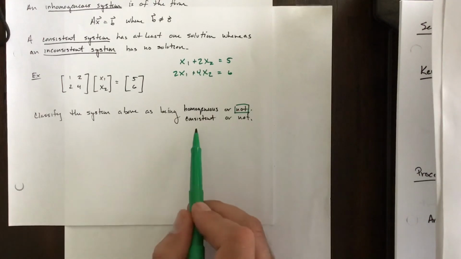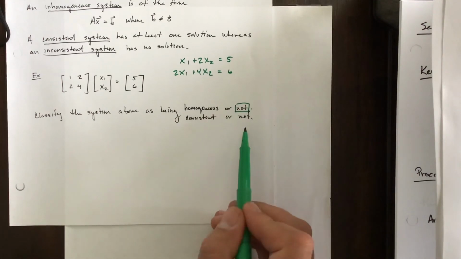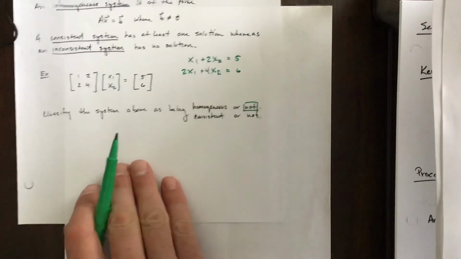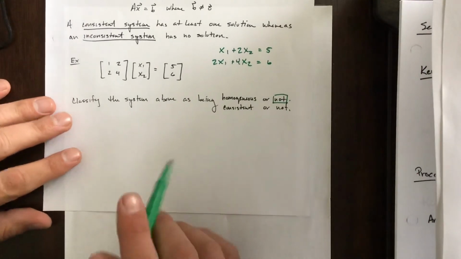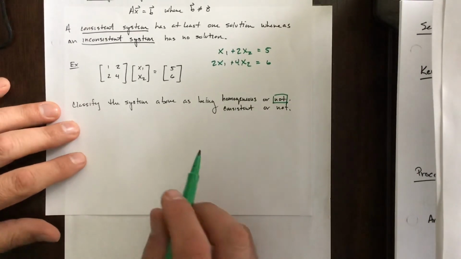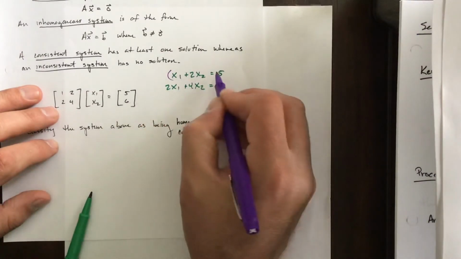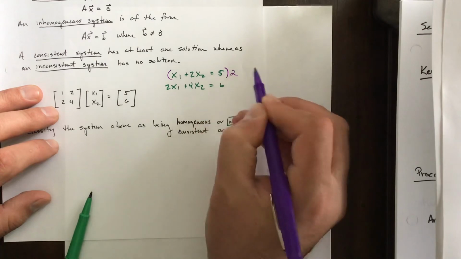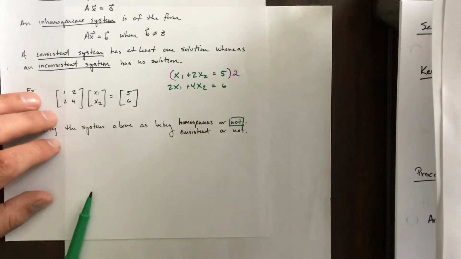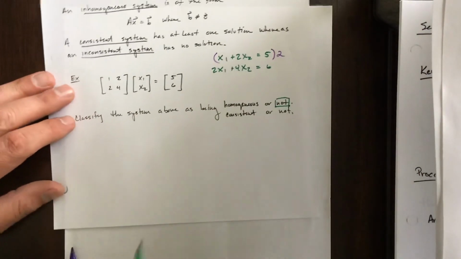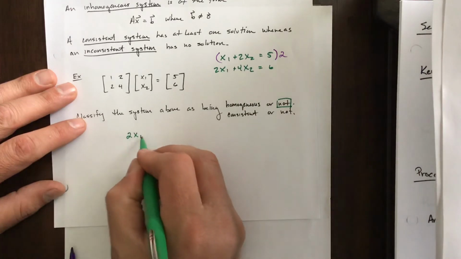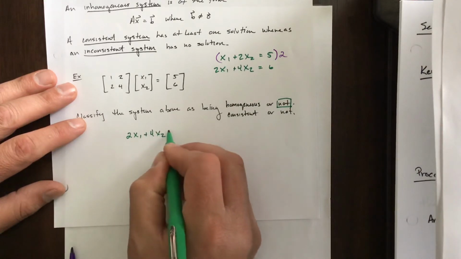Now, is this a consistent system or not? We can't answer that without actually trying to solve the system. So use any of the techniques that you're familiar with. What I will do is multiply row 1 times the scalar 2. So that gives me 2x1 plus 4x2 is equal to 10.